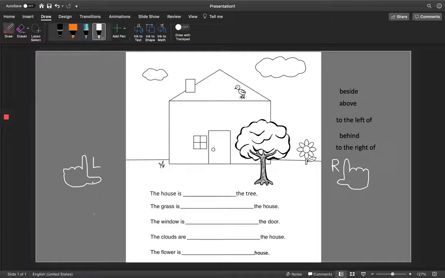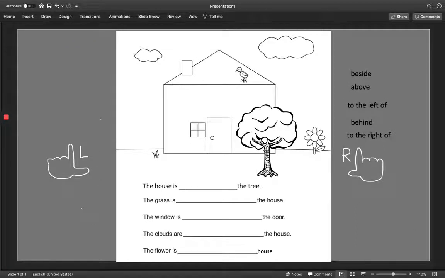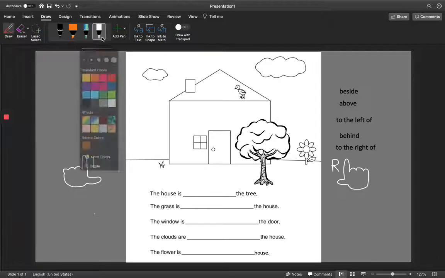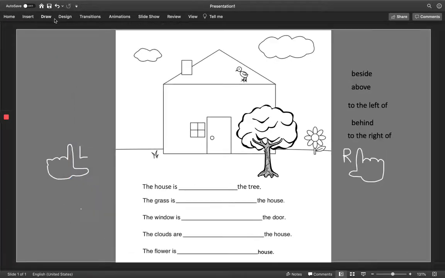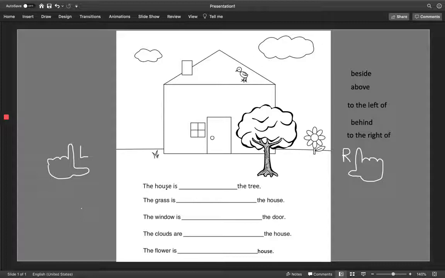So now let's look at our pictures. Okay? Let's look at these sentences. The first one says, the house is blank the tree. So I see the house and I see the tree. I need to figure out which one of these words over here on my right go in my sentence. So let's see.